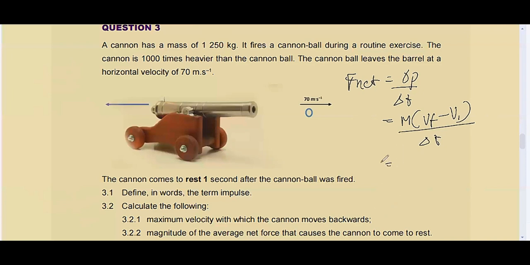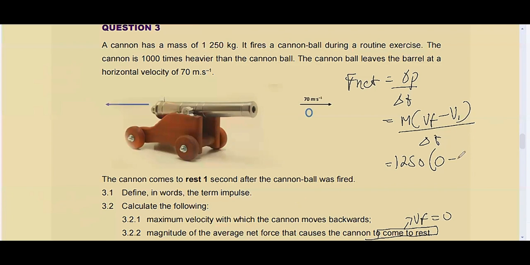Our mass for the cannon is 1,250, but then they're saying magnitude of the average net force that causes the cannon to come to rest. If something comes to rest, that means final velocity is 0. But then the initial velocity becomes the velocity in which it moves backwards, right? So the velocity with which the cannon moves backward now becomes our initial velocity.